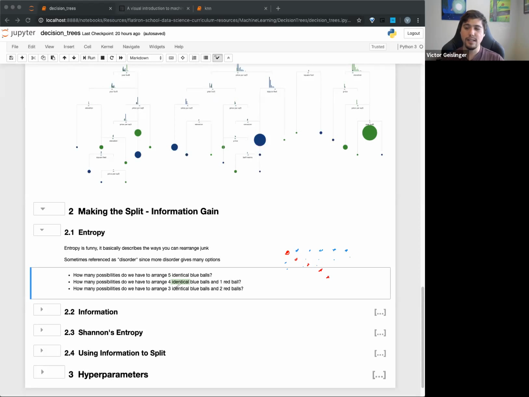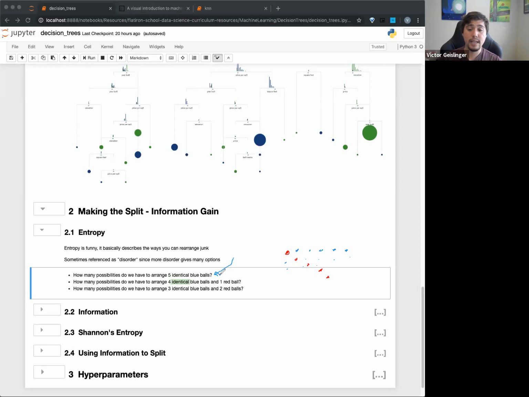Another way to phrase this is, if I were to describe to you the order of the balls, it's like, okay, is it red first or blue first, and then what's second, third, fourth, fifth? If I told you there are 5 identical blues, automatically, without me saying any more, you know they're just a bunch of blue balls in a row.